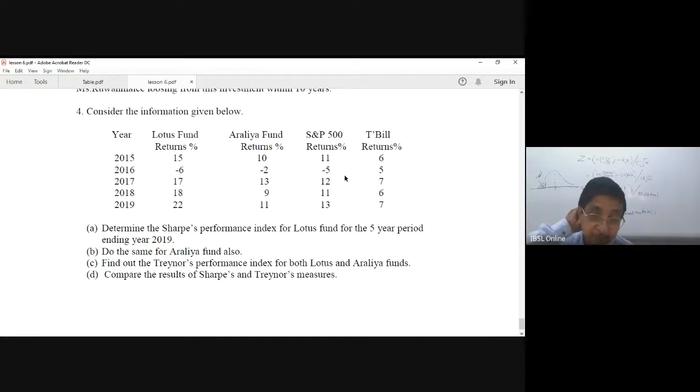The S&P 500 returns arithmetic mean is 8.4, and that is the market return.